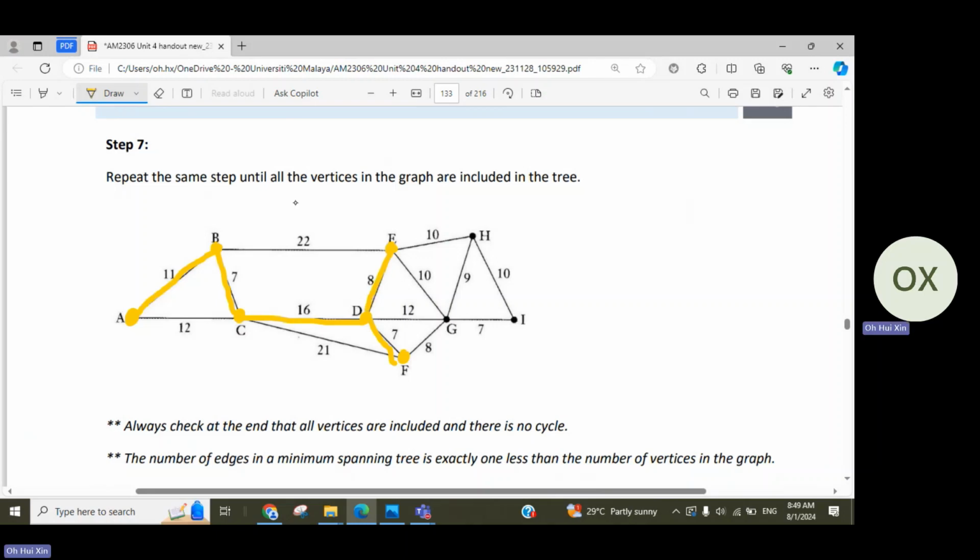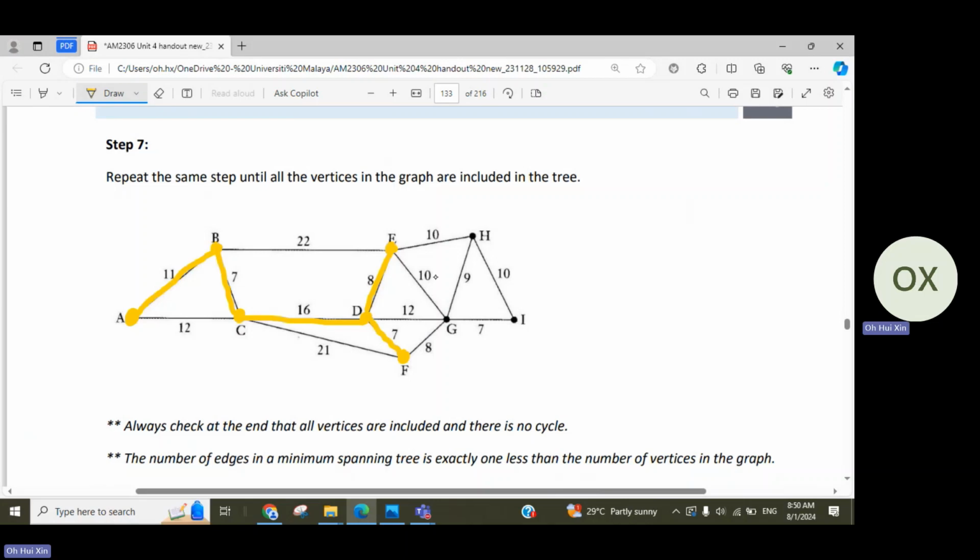Okay, so by now these are all the vertices that we have already connected. We do the same thing now, looking at the other vertices. You must make sure that you connect to G, I, and H also. We'll be doing everything on this last diagram because it's going to be the same thing repeated.